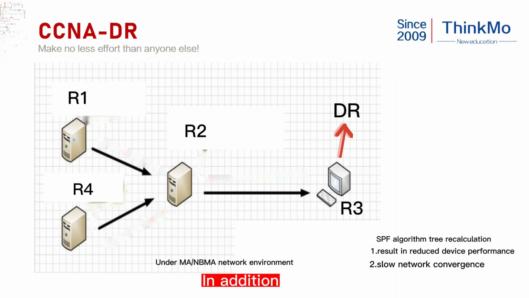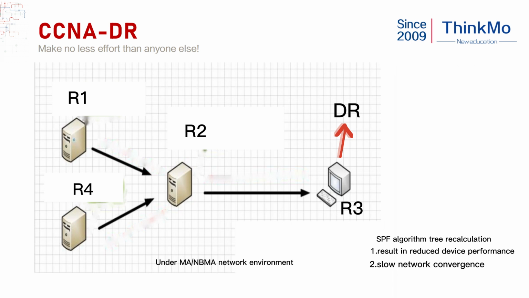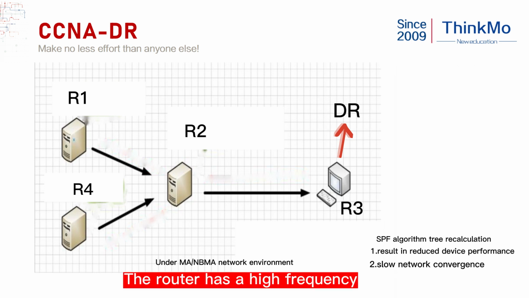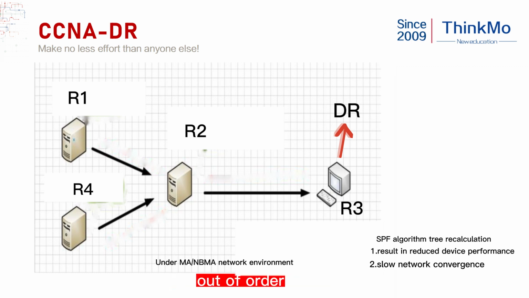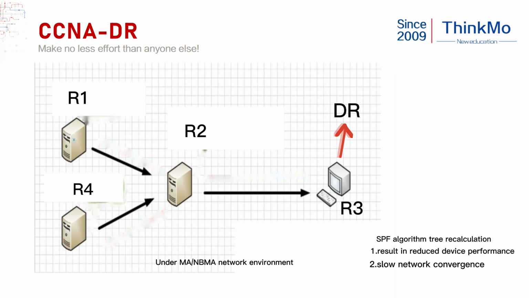In addition, the convergence speed of the network is reduced. Let's say I have some lines, often up, down, out of order. It also leads to the whole OSPF network flapping.